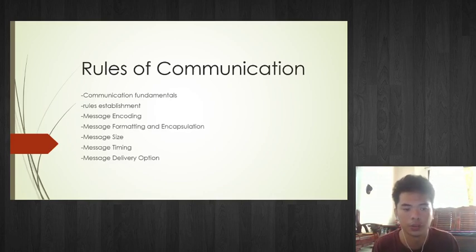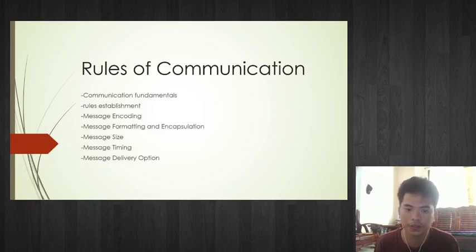People exchange ideas using different communication methods. However, regardless of the method chosen, all communication has three elements in common.